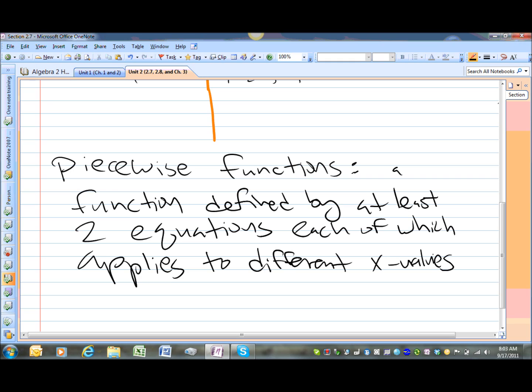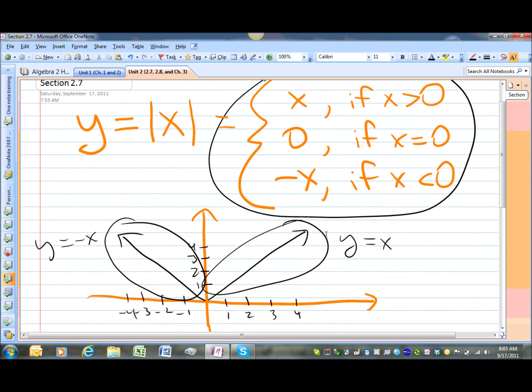So anyway, that's what a piecewise function is. It's a function defined by at least two equations, and they apply to different x values. That's exactly what we saw up here, right?